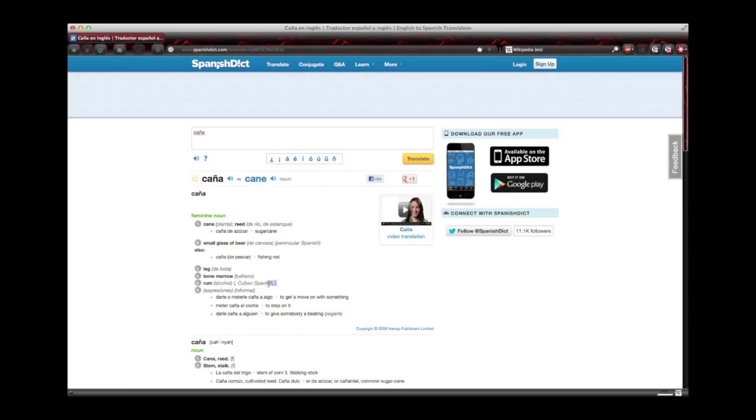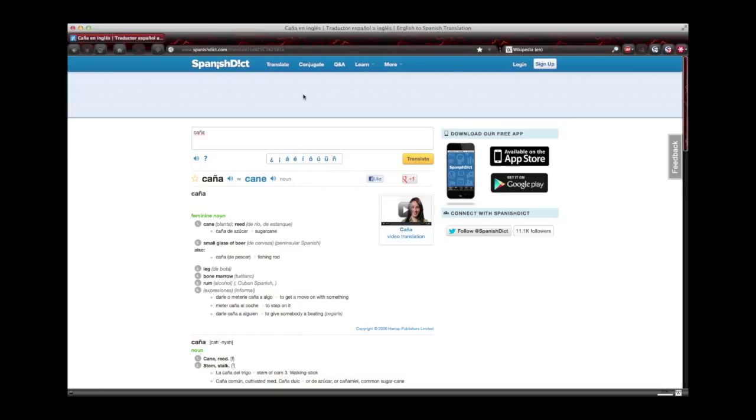Additionally, it could also mean rum, but only in Cuba. Cuban Spanish only. So if you're looking up a word and it has some region-specific definitions, not only will those be here, but they'll tell you which regions they are. So that's another part of it that I really like.